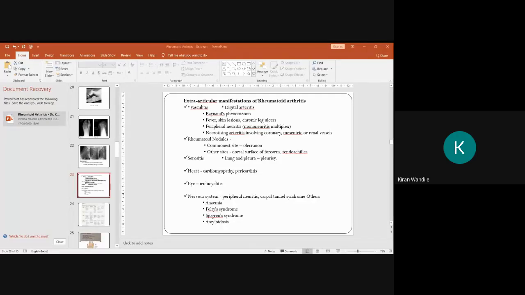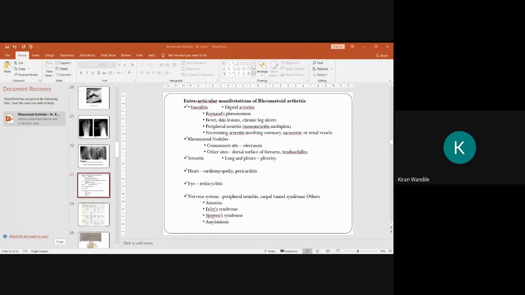SANTA. S for splenomegaly, A for anemia, N for neutropenia, T for thrombocytopenia, and the last A for arthritis. Correct.